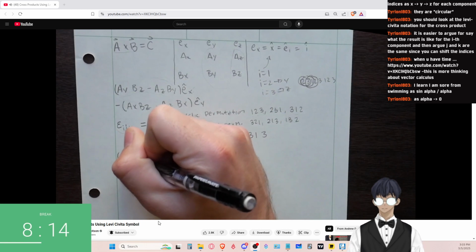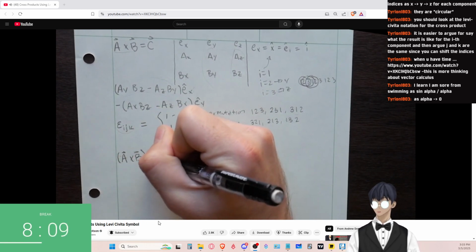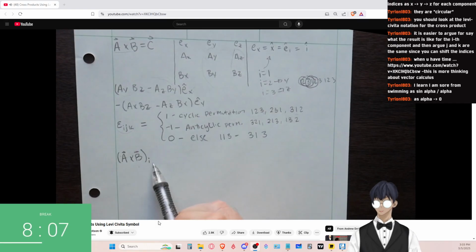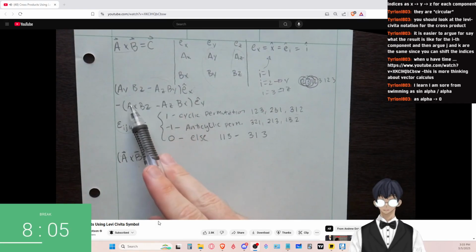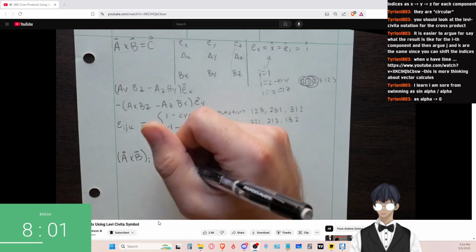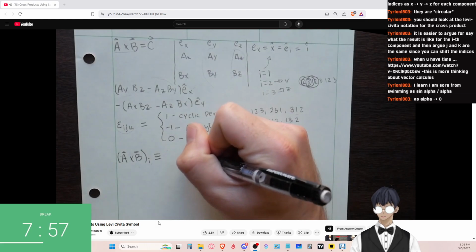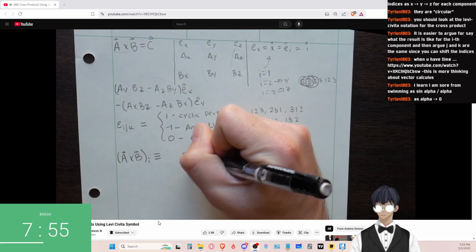So if we want to find the ith component of A cross B, so if i is 1, we're talking about the x component of this cross product, that is defined as this Levi-Civita symbol. I'm going to give myself a little bit of space, you'll see why.